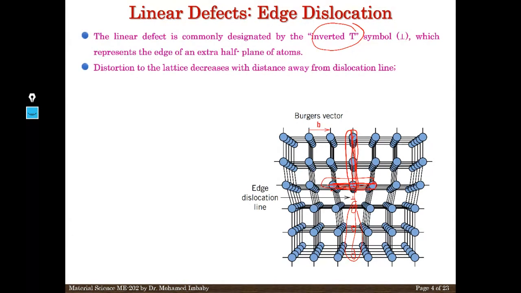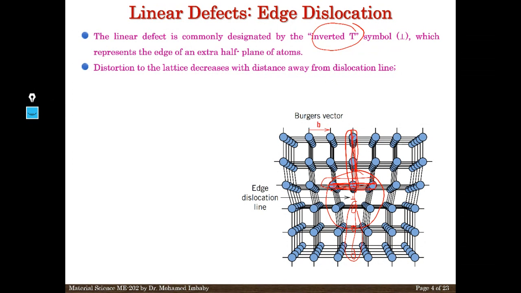Distortion to the lattice decreases with the distance away from a dislocation line. Look at here, Shabab. It's very important to understand that when you come close to the dislocation, you see more distortion. Distortion. Do you know distortion? Can anyone give me a word in Arabic equivalent to the word distortion?